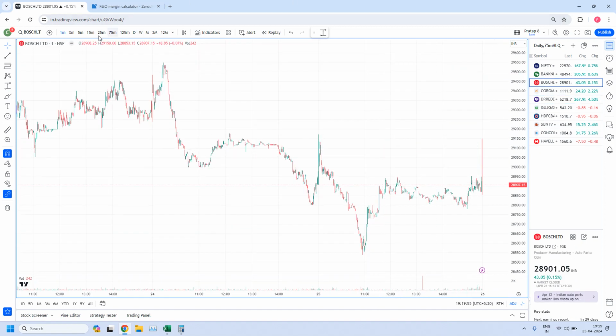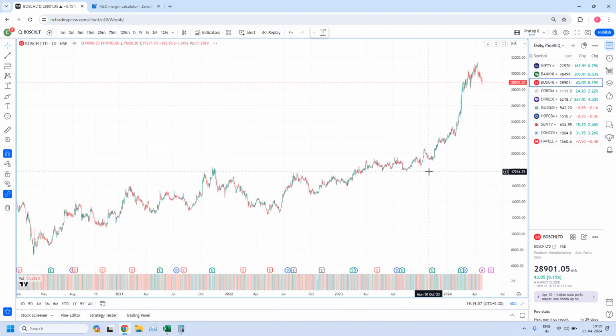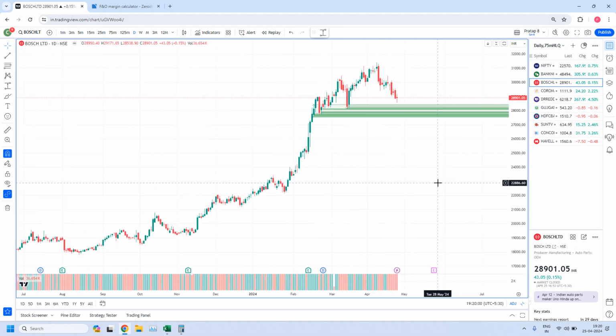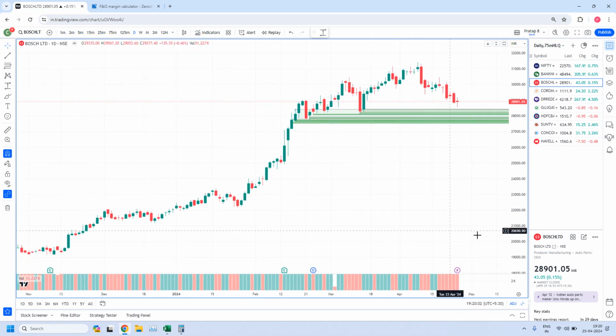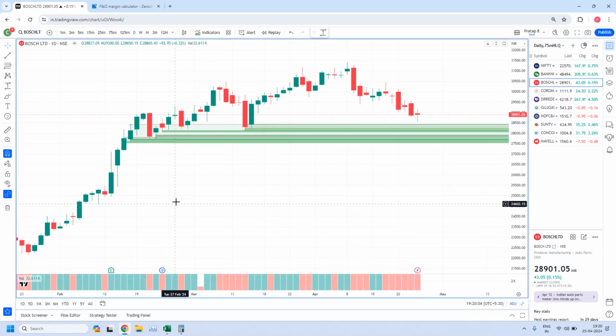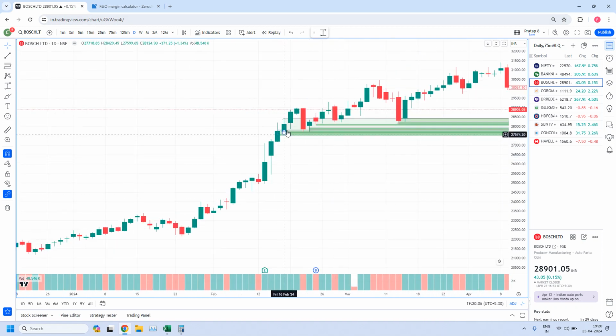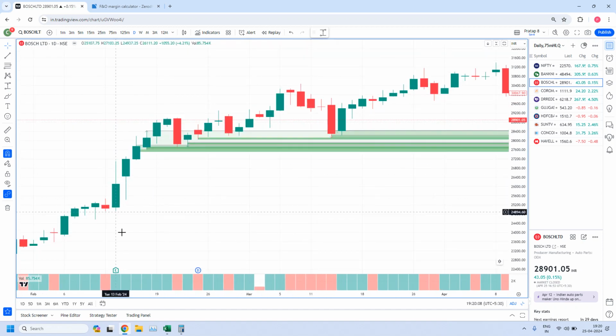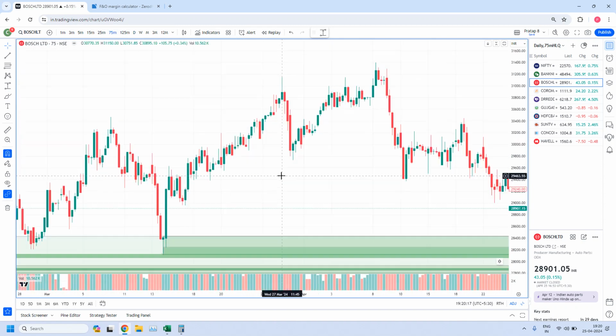Bosch, this is a daily high liquidity zone, demand zone. How I fine-tuned, let me explain. First of all, this is a daily zone. We have a rally, base, rally. This is the daily high liquidity zone, fine-tuned with the 75 minutes time frame.